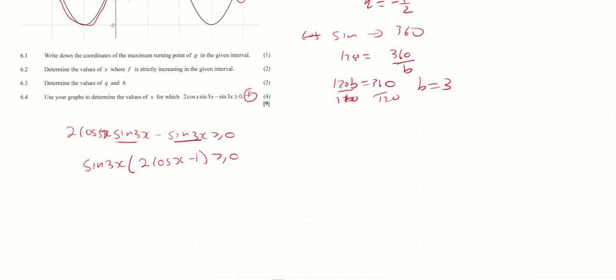If you look at this graph, it is more like the graph of a cos. If we factor out 2 here, we're going to have 2 outside: 2 sin 3x times (cos x minus 1 over 2).